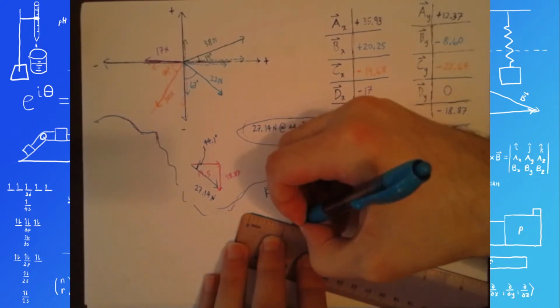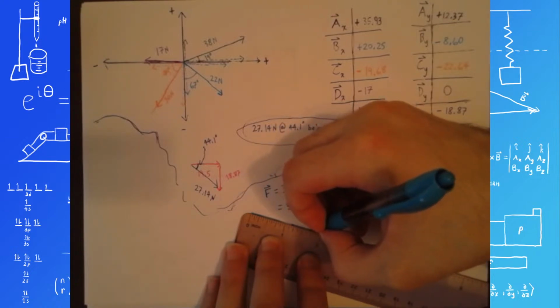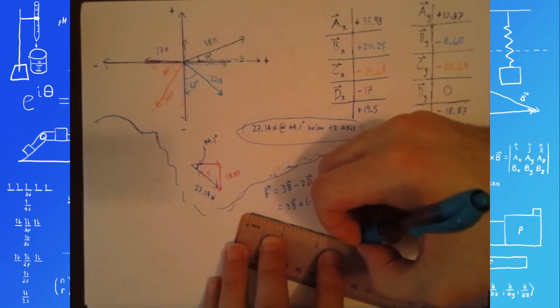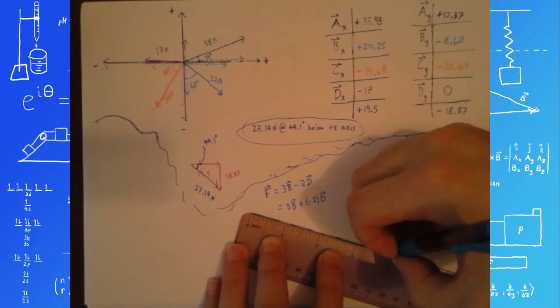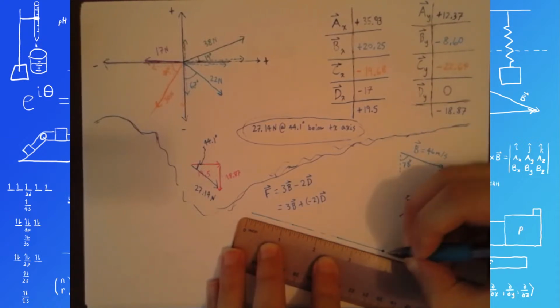Okay, that's about 1, and then that should be about 2, and then that should be about 3 of B. That should be 3B.